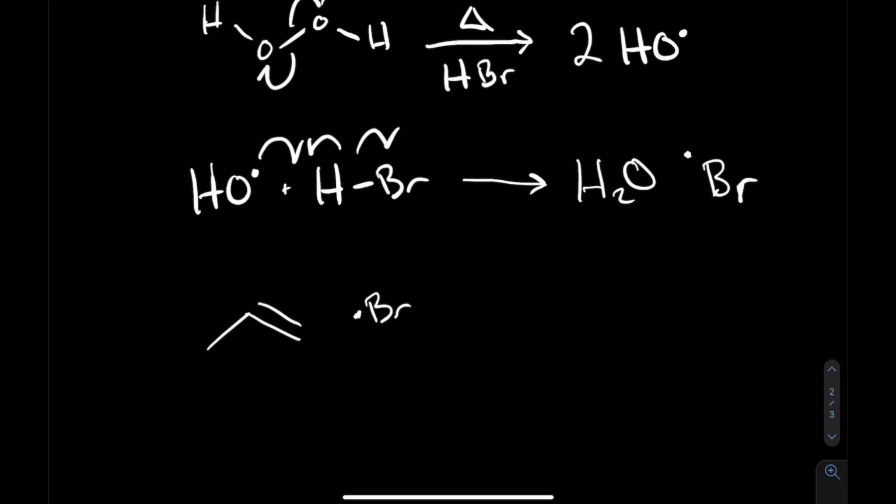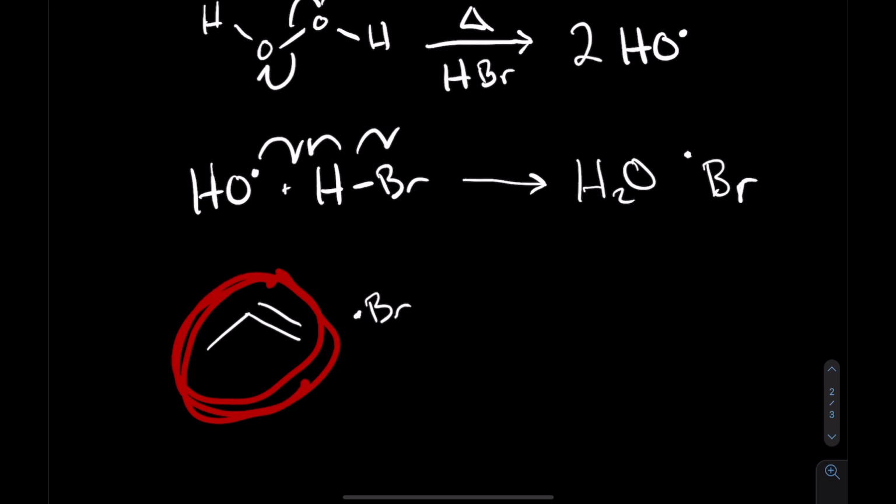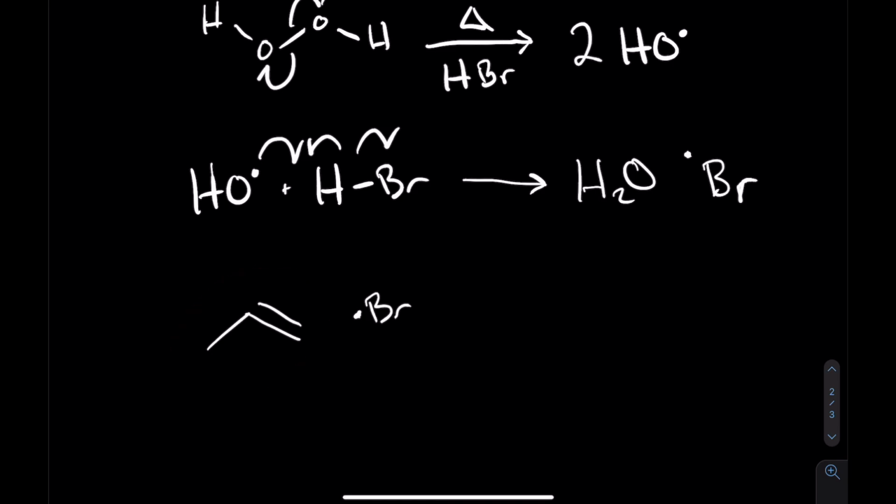Now, we had talked about bromide radicals, and radicals, all right, just like carbocations, want to be on the most substituted position. But this is a little different than what we had discussed in prior lectures, where the reaction was with an alkane. This is now an alkene, and there are actually available electrons in this pi system right here.